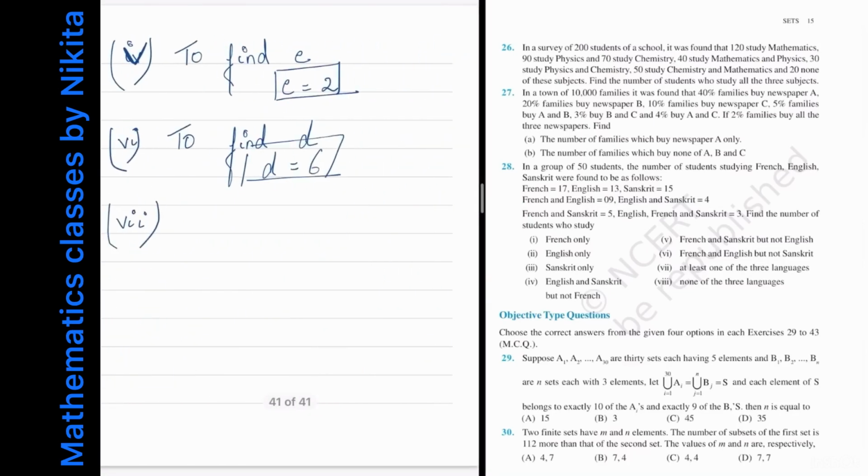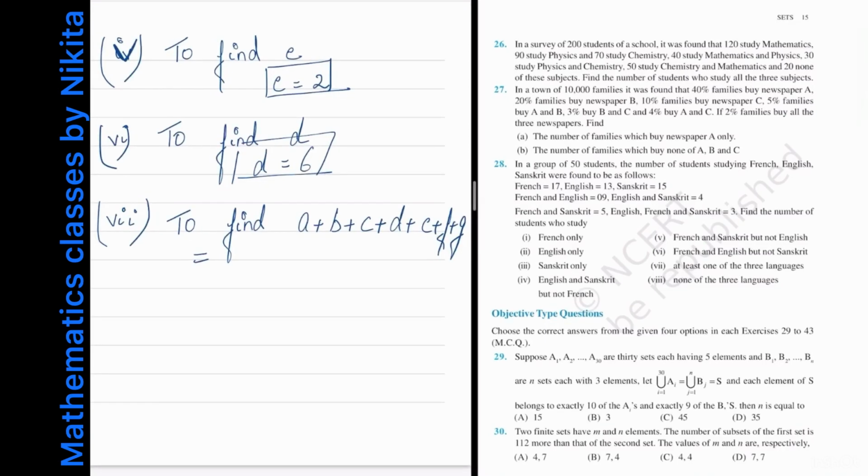So therefore we have to find A plus B plus C plus D plus E plus F plus G, and this will be equal to, just put the values.